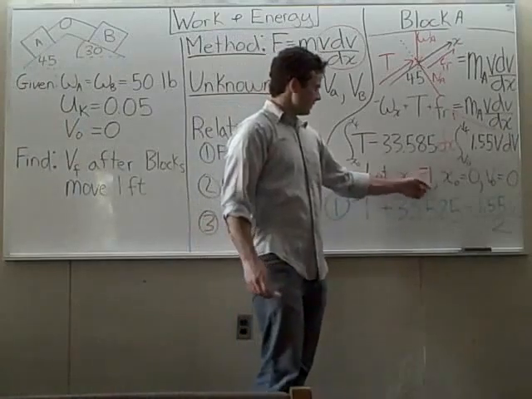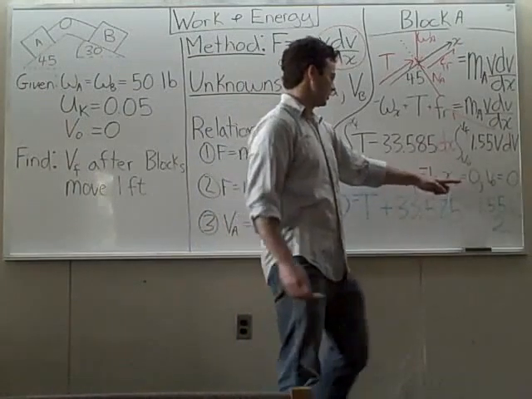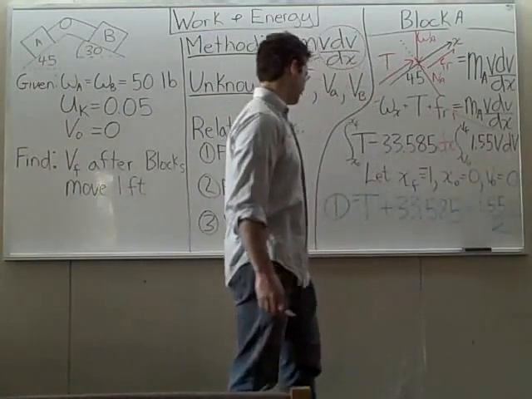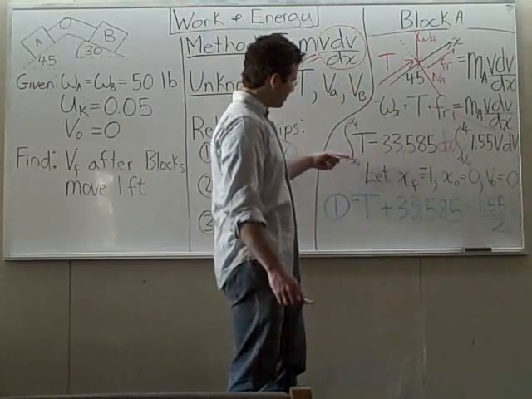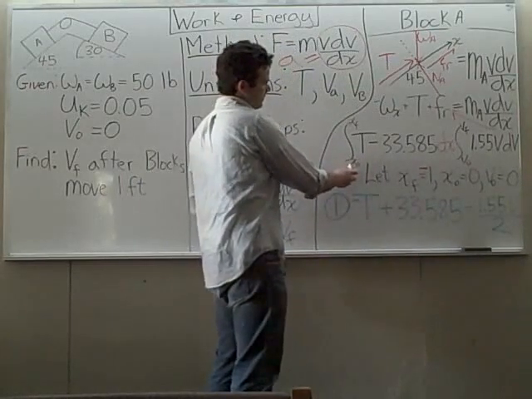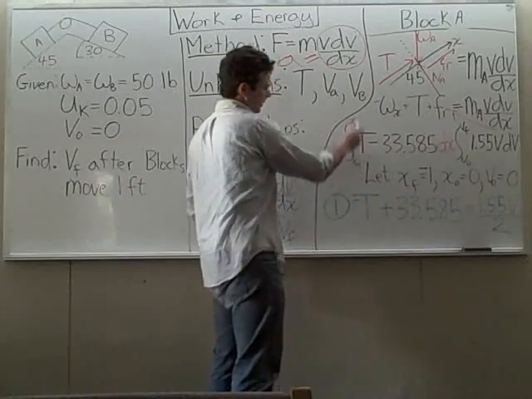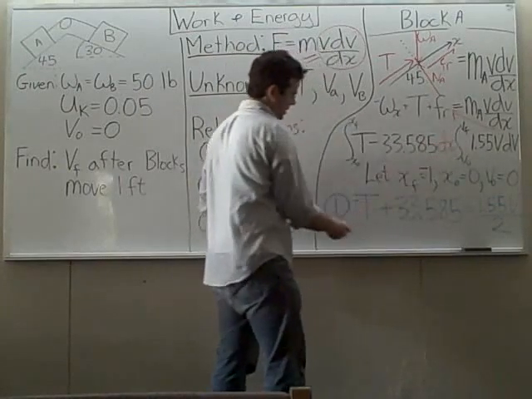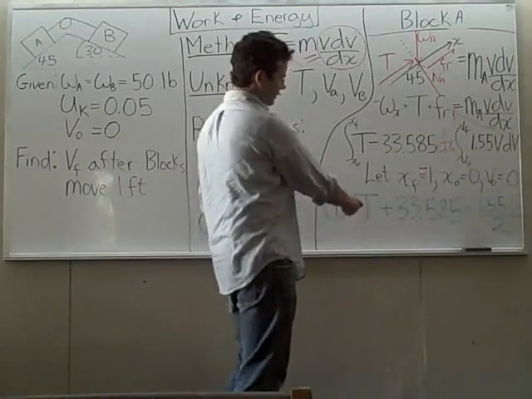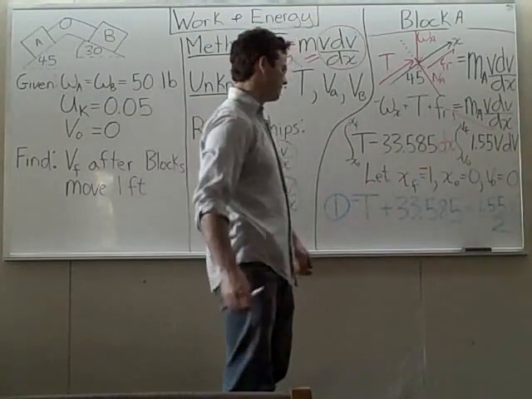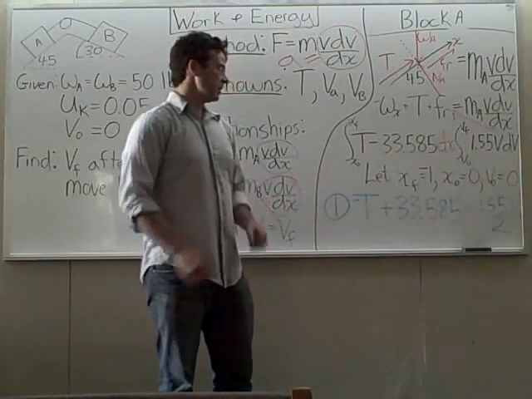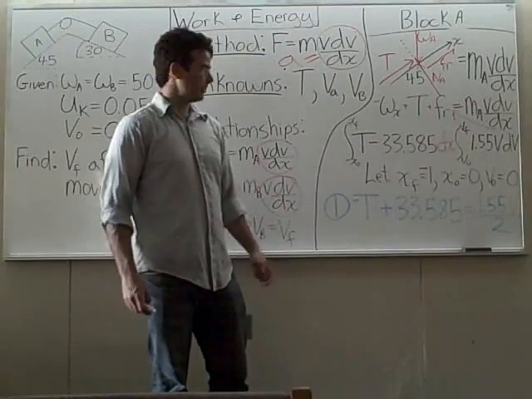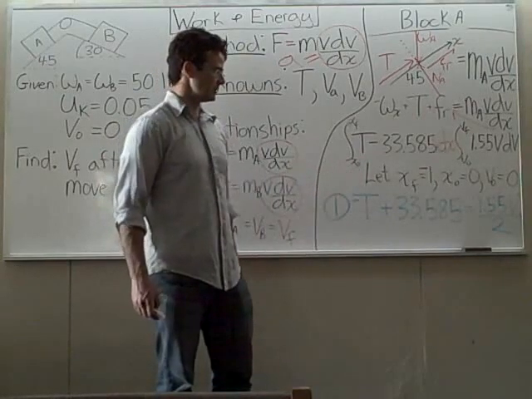So let xf equal -1, let initial x equal 0, and initial velocity equal 0. And so once we integrate and plug in for our initial and final conditions, we come up with negative t plus 33.585 equals 1.55 times the velocity divided by 2.